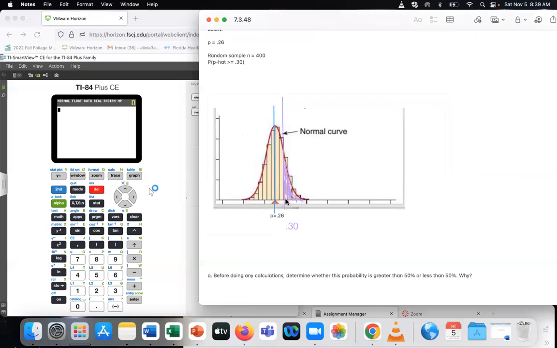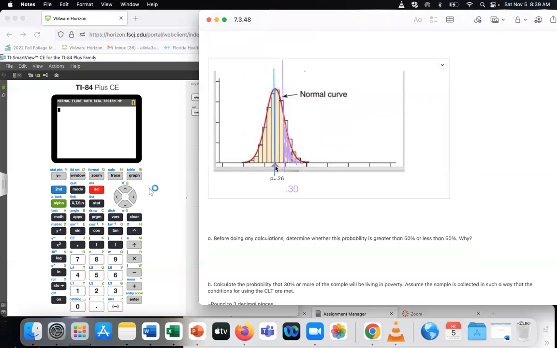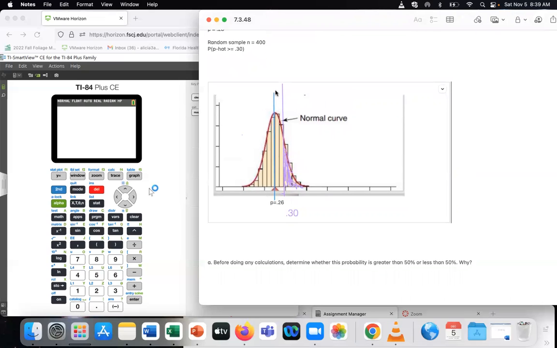So what we know right away is that if 0.26 is like in the middle, if that's like our accepted value, then half our values should be above and half should be below, right, for the population parameter, if we're assuming normalcy with the normal curve. So what that means is this purple region can't be more than 50%. It's got to be less because it's higher than 0.26, right?